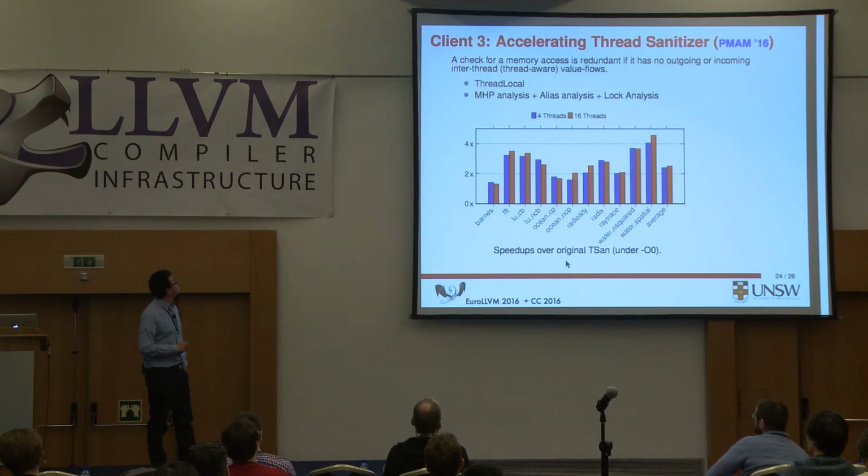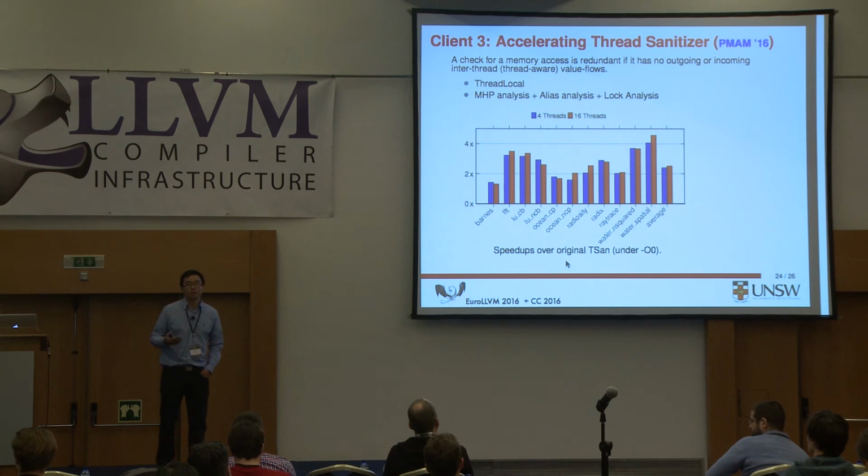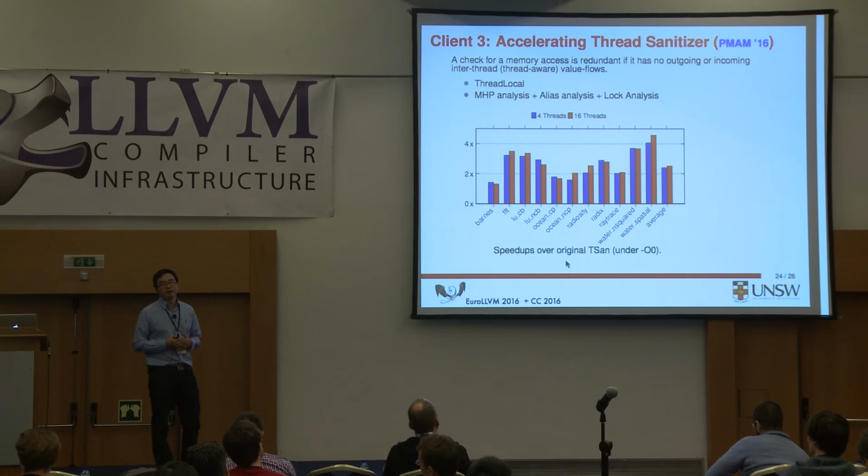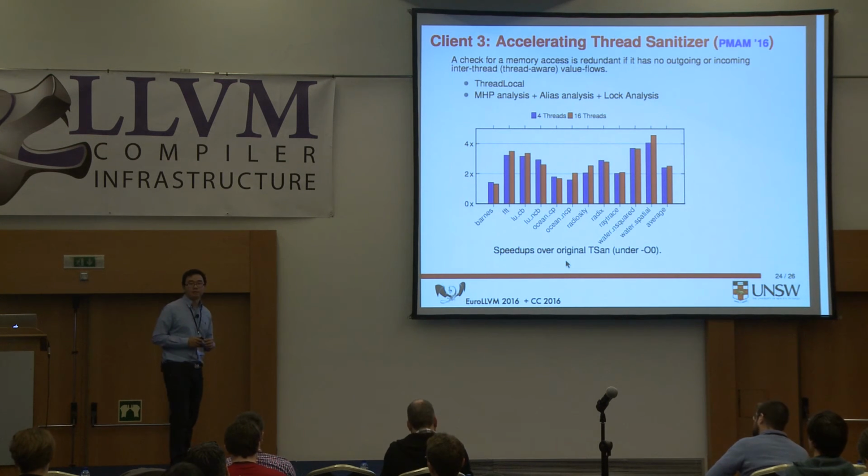A runtime check for a memory access is redundant if it has no outgoing or incoming inter-thread value flows, because the inter-thread value flow is our approximation. If there are no incoming or outgoing flows, it means this memory access is thread-interference free. So we can safely remove this check.